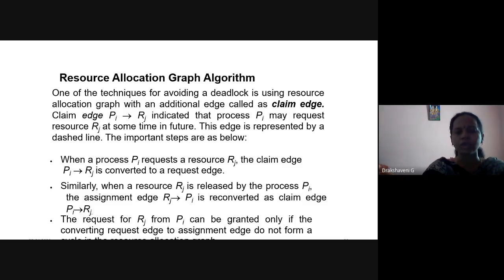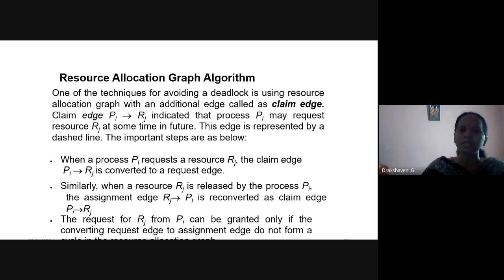In your graph, if I have two nodes, a line drawn between these two nodes is called an edge. Claim edge means which is the source and which is the destination. Claim edge: Pi wants a resource Rj, indicating that process Pi may request resource Rj at some time in the future. This edge is represented by a dashed line.